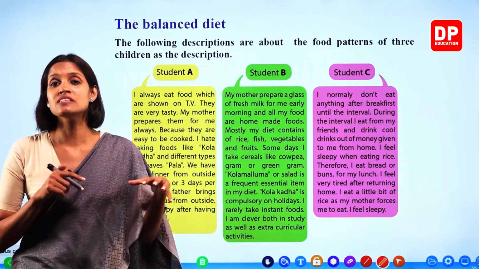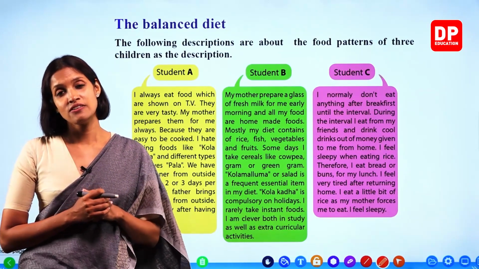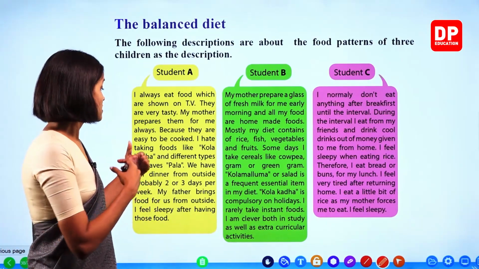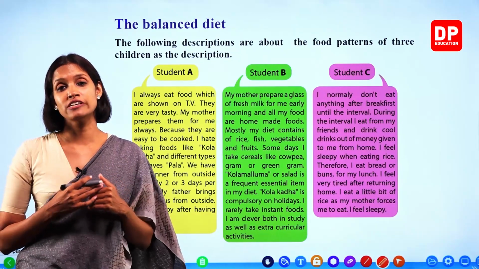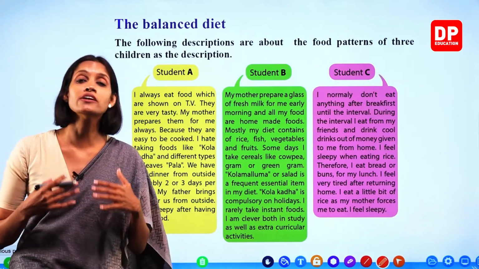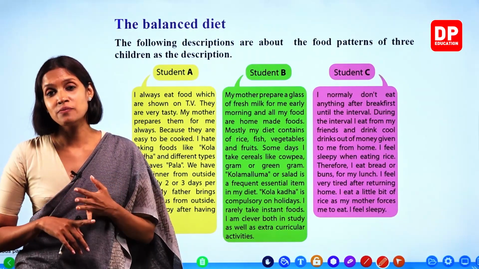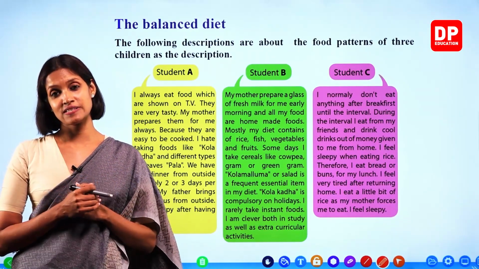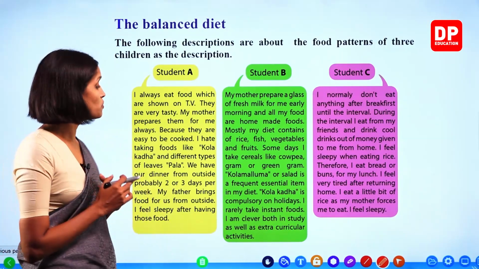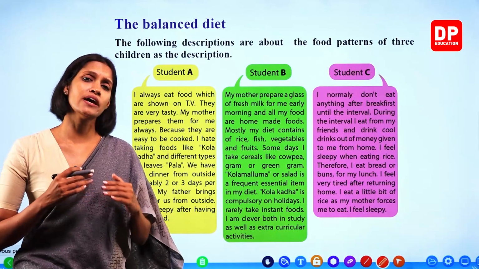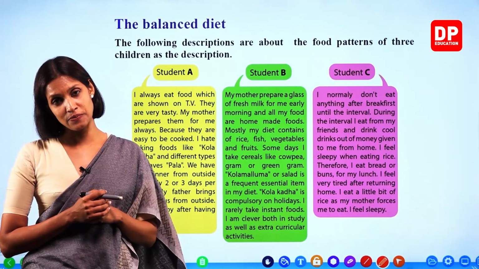None of these things in excess amounts is good for your health, children, right? When you eat a lot of sweet food, a lot of oily food, salty food, right? It will cause different non-communicable diseases like diabetes, high blood pressure, heart attacks and so on, right? So from now itself, you should avoid these types of foods, right? So you should not always eat these types of food items.